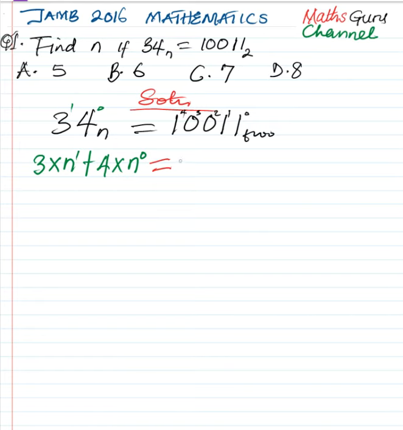Alright, so we have 1 times 2 raised to the power of 4 plus 0 times 2 raised to the power of 3 plus 0 times 2 raised to the power of 2 plus 1 times 2 raised to the power of 1 plus 1 times 2 raised to the power of 0.